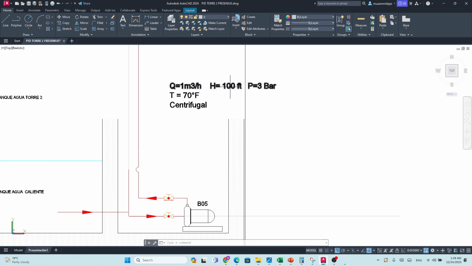Okay, but definitely we have friction in the pipe, we have elbows and fittings, so it will not lift the water up to 100 feet, but it has a maximum optimum capacity of 3 bar, and the temperature is 70. So you have to put this data in the Excel chart. You get the idea of the diameter of the pipe.